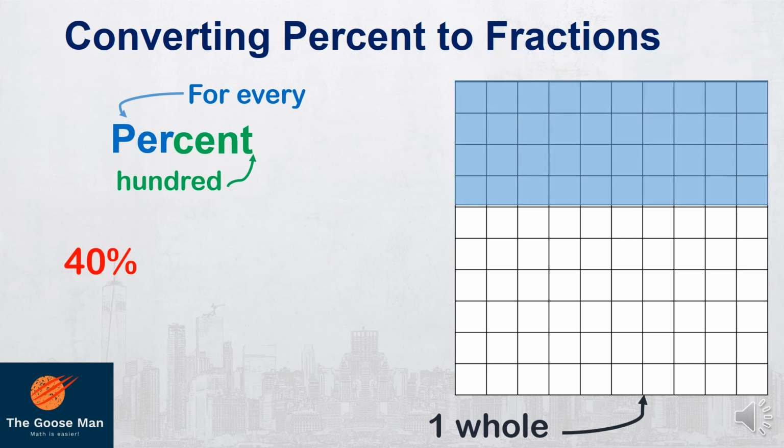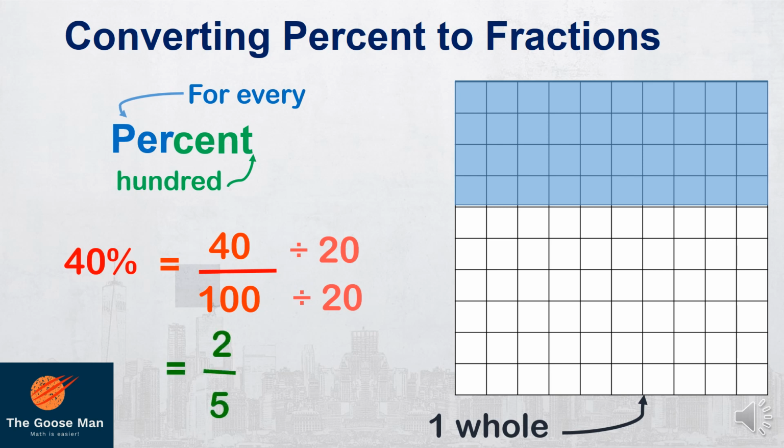So there we have it. We have 40 over 100 as the equivalent fraction of 40%. But take note that 40 and 100 are divisible by 20. So 40% is the same as 2 over 5.